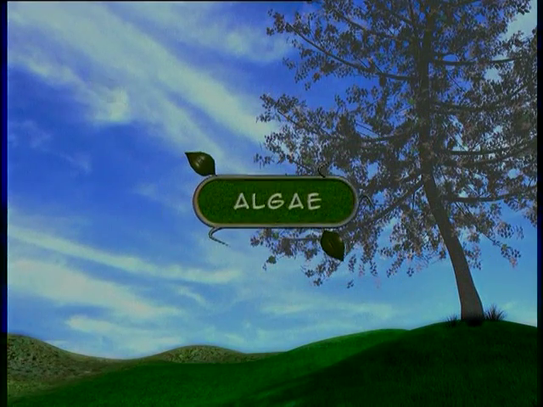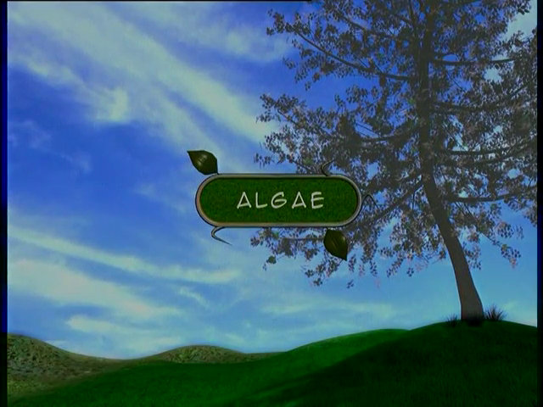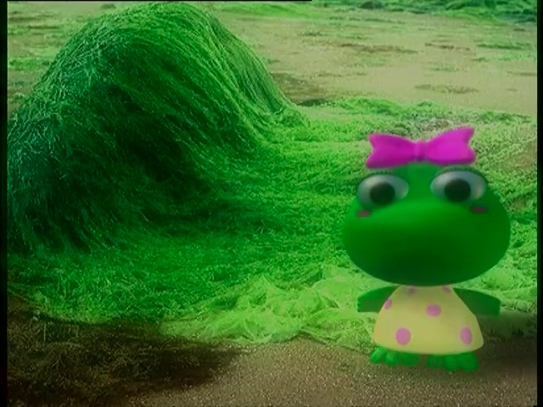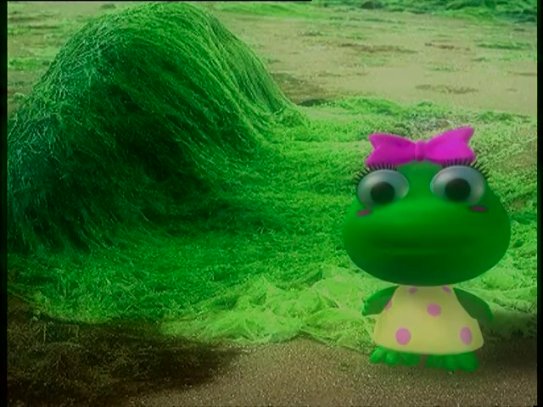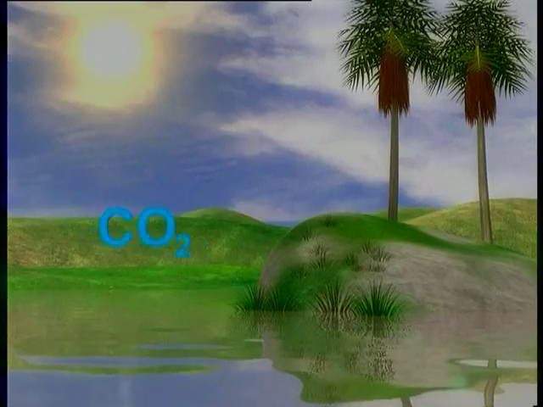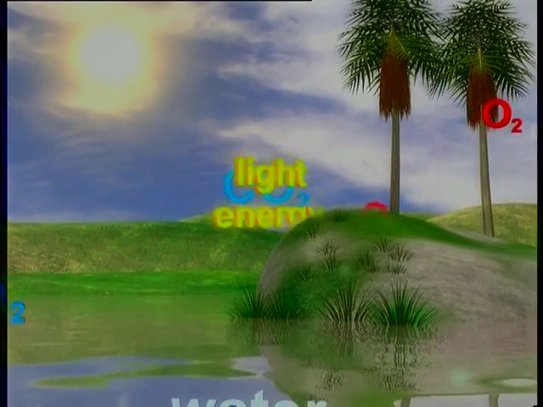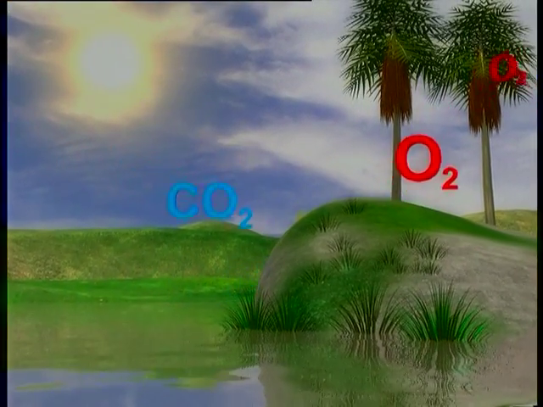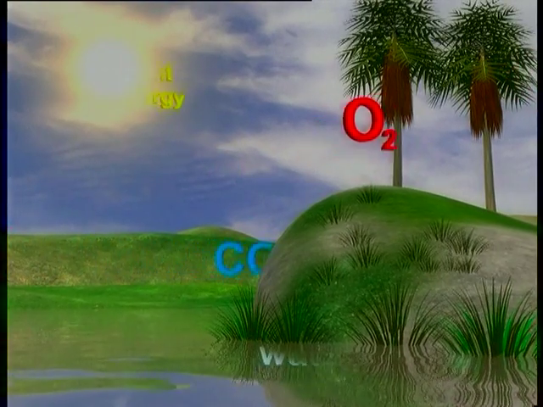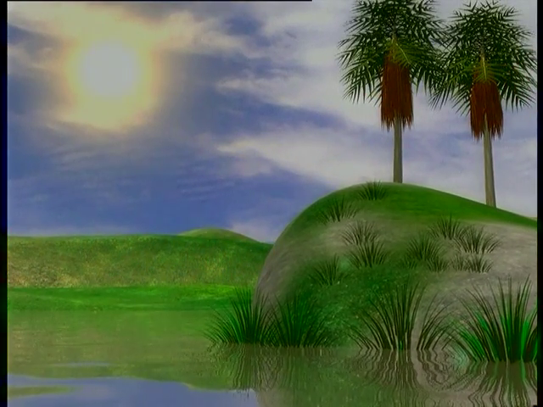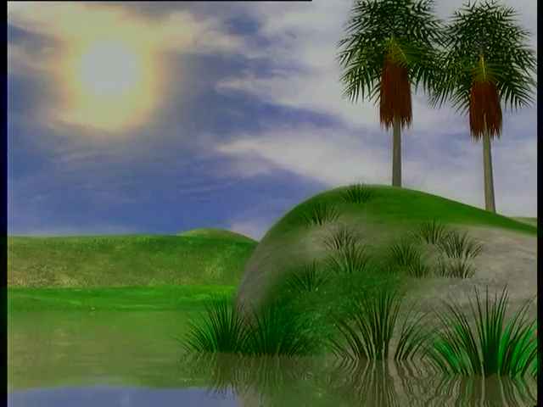Algae. Algae encompass several different groups of living organisms that capture light energy through photosynthesis. Algae live in water and are usually found in damp and wet places.